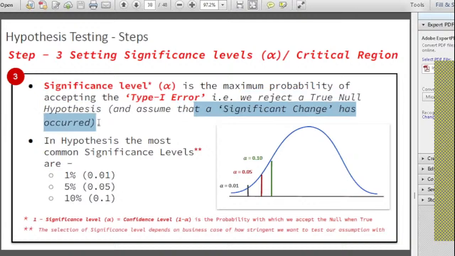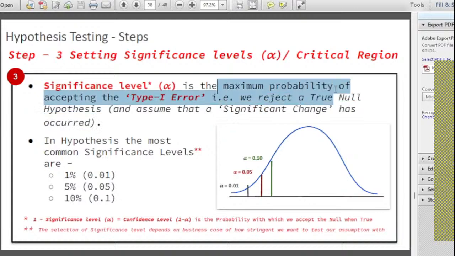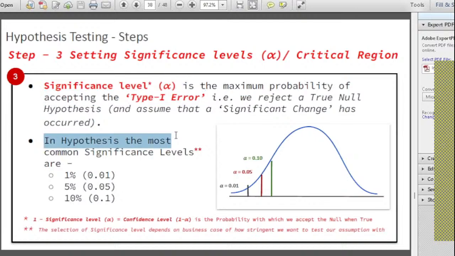Is that clear? It's called alpha. We have already discussed this. In hypothesis testing, there are actually three levels of alpha.